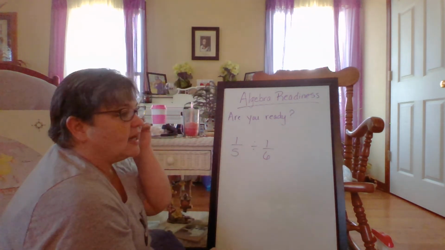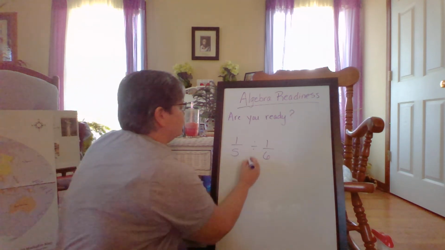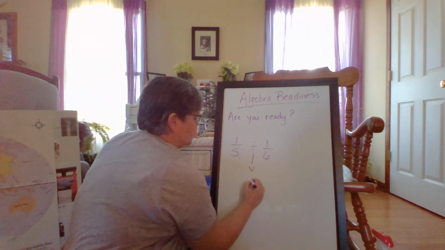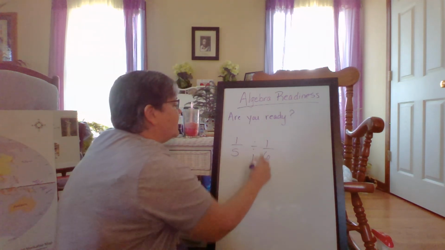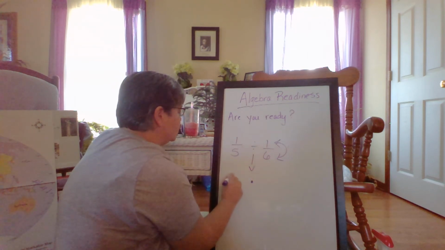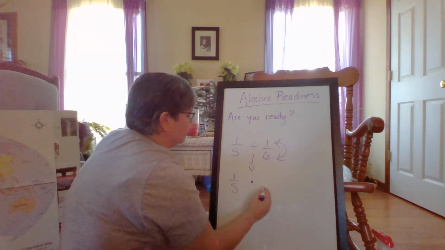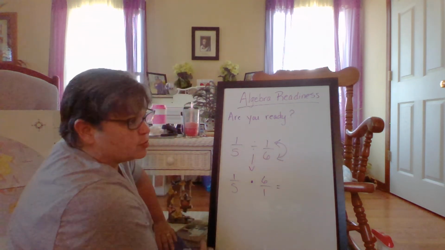Now, when I have division of fractions, I change my division symbol to multiplication, either little times symbol or dot here, and then I have to flip the second fraction. So the first fraction stays the same, the second fraction is flipped, and then I multiply across.